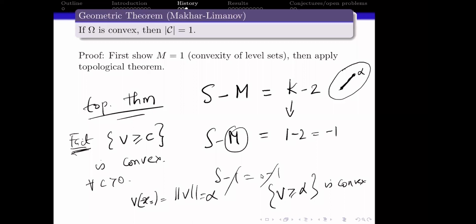So if V equals alpha, it propagates, right? This curve will propagate, but then at the endpoints where it touches the boundary, V is 0. So you can't have that, right? Because V is supposed to be alpha on that whole curve. It can't be 0 at the endpoints. So that's the argument, okay? But this fact is non-trivial.